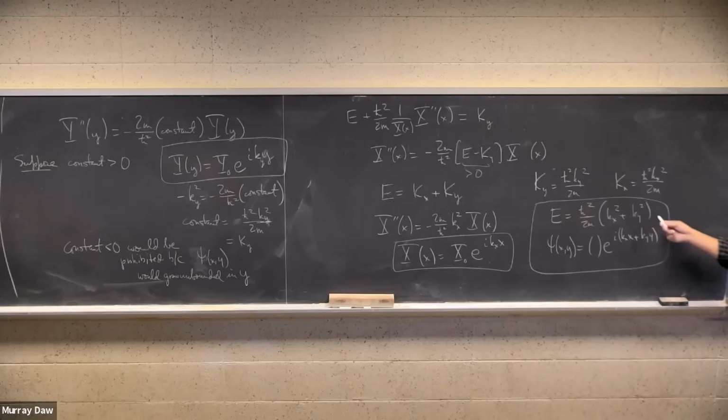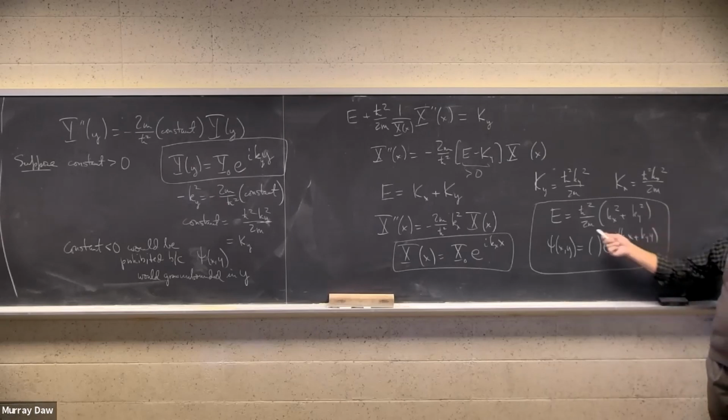And what we end up with is that these wave vectors in each direction have to add up this way to the total energy, which is related to the frequency.